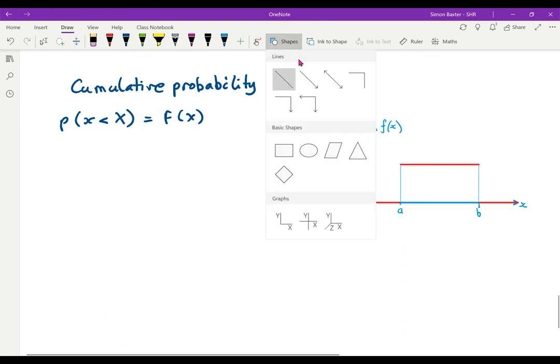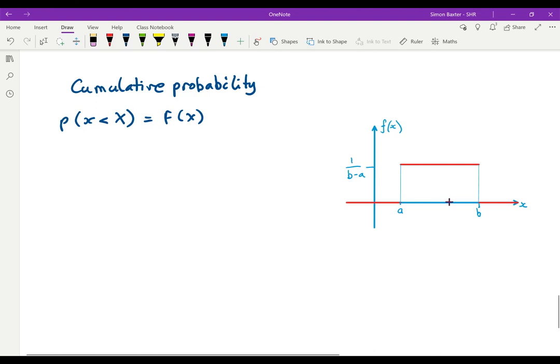If we put x on the graph, let me use this way of doing it. The probability that I am less than or equal to x, or less than x, doesn't matter which, is going to be the area, which is just x minus A is the width, times the height, 1 over B minus A, which is x minus A divided by B minus A. I hope nobody is tempted to learn that as a formula.